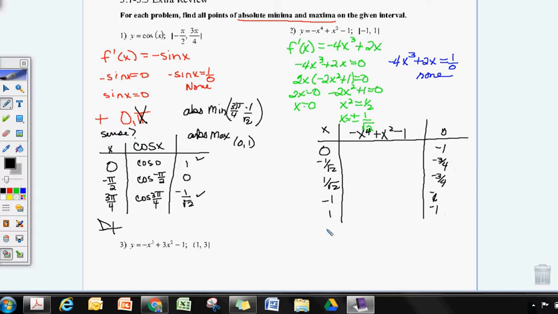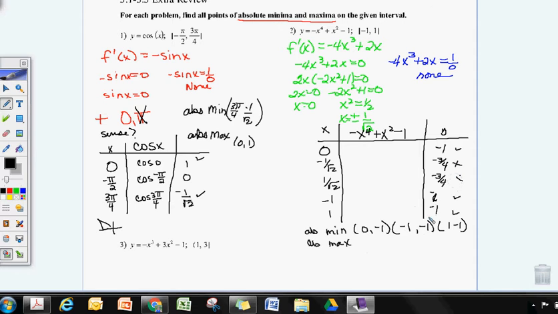Now, for my absolute minimum, the lowest points are negative 1, negative 1, negative 1. I have to list all of those since they tie. If they didn't tie, I would just take whichever one really was the lowest. So all of those would be considered my absolute mins. My absolute maxes, in this case, are tied.